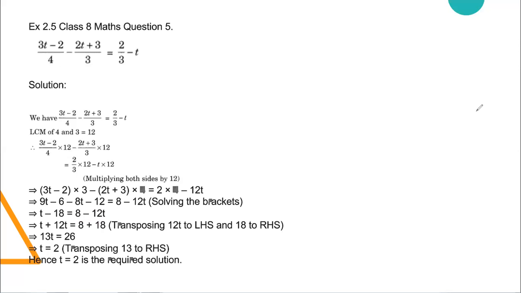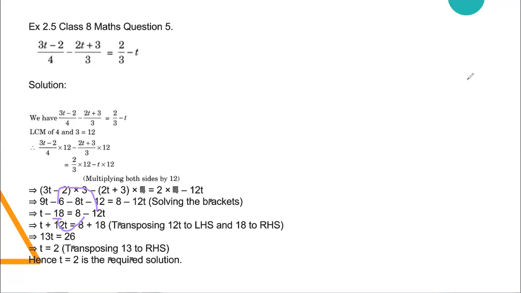So now, how do we do this further is bring all the variables to one side and all the constants to the other side, right? So we'll be transposing minus 12t towards your LHS and minus 18 towards your RHS.